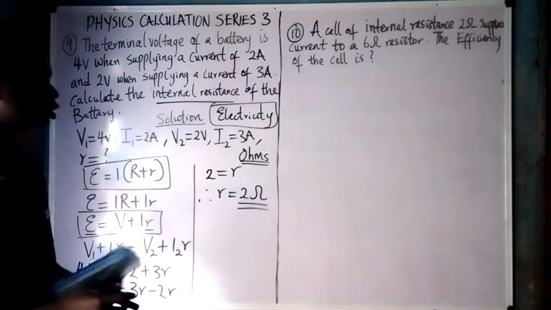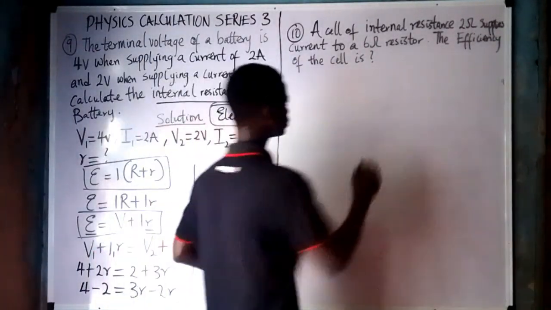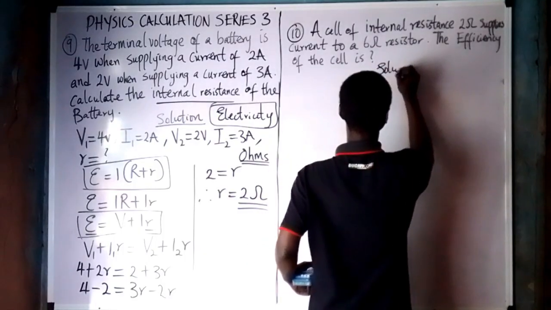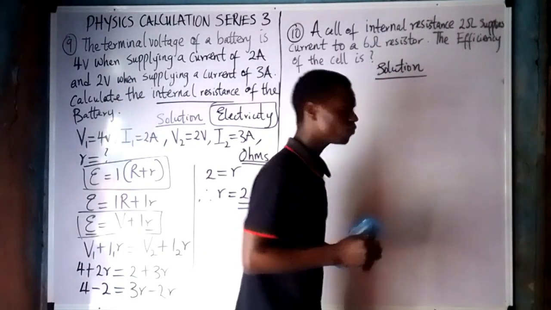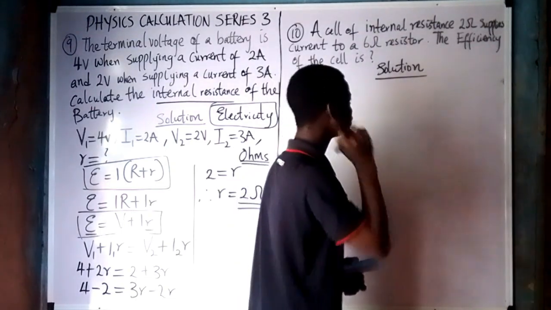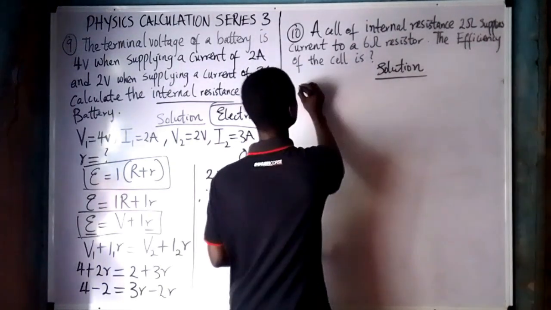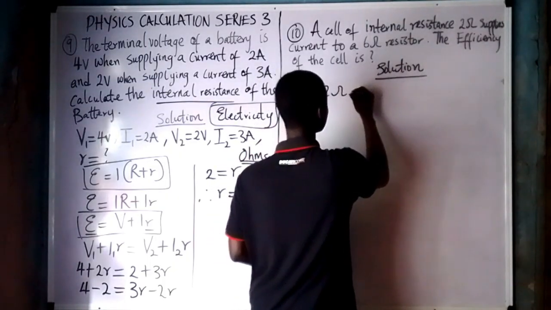So you are free to go through it. About now, we get straight to question number 10. Solution. Now this one, we read and we solve. They said a cell of internal resistance 2 ohms. So we're given internal resistance in this very question. Small r, which is our internal resistance, they said is what? 2 ohms. And what did they say about the question?